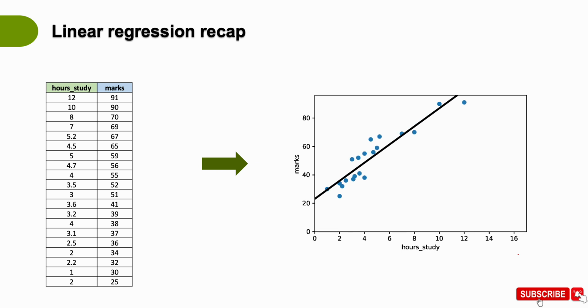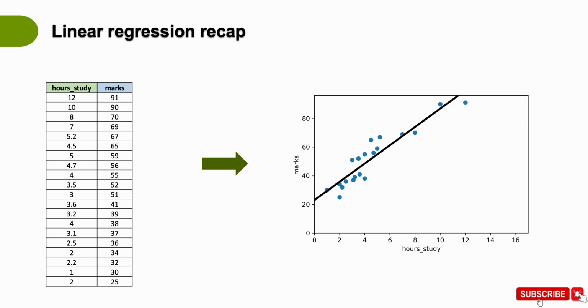In this case, we try to fit a best fit line which satisfies certain criteria: the sum of squares of all of these distances should be minimum. And once we have this best fit line, we can simply predict the marks based on the number of hours he or she studied throughout the year. All right.